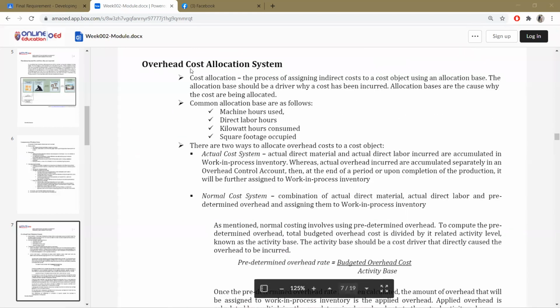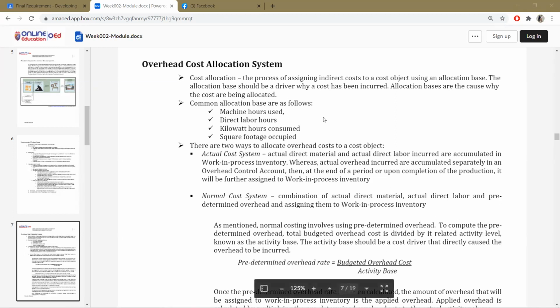So we have here types of overhead cost allocation system. So what is cost allocation? Ano nga ba siya? Kung hawinaray, amo an pagbarahin han mga gastos. Okay, ginbarahin hiya.